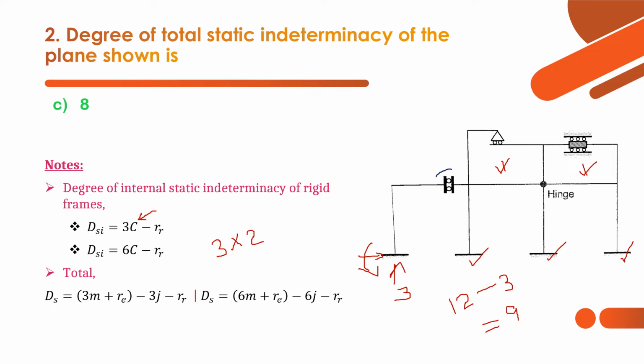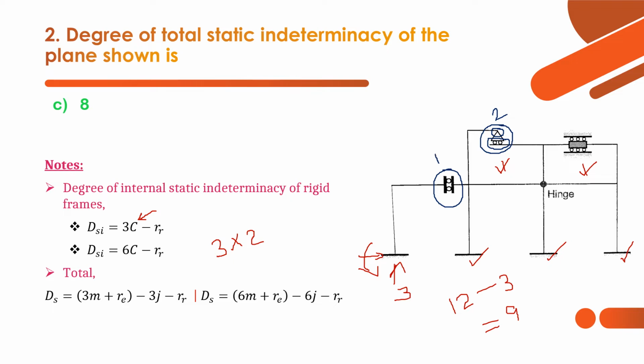We have one force releaser, a vertical shear releaser here, and we have another force releaser here. But in this force releaser, two components are released. One is moment, since it is a hinged support, and one is horizontal movement, since it is a roller support. So we have released two things, moment and horizontal movement, in this support.